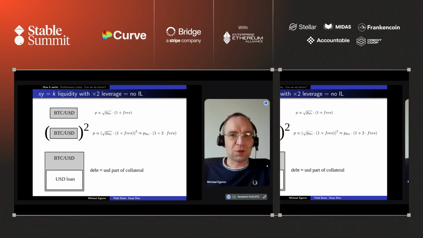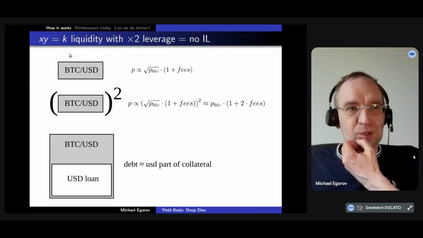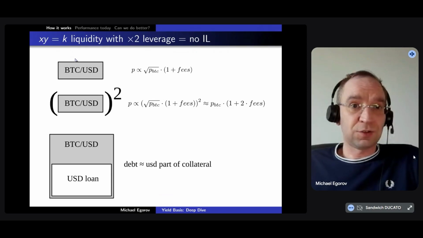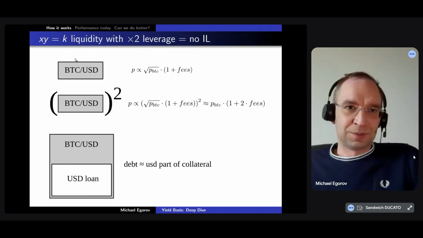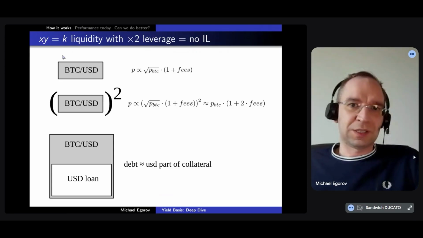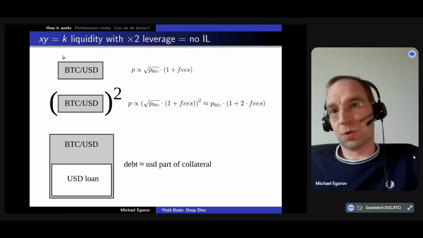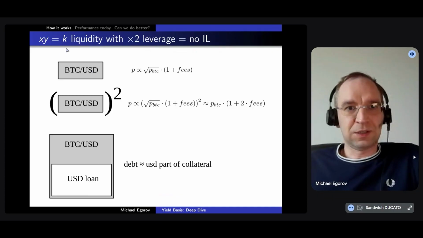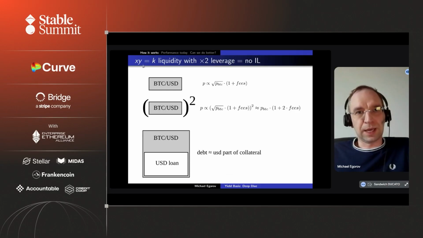AMM would be the constant product AMM, which was used in Uniswap 1 and 2, but later was kind of replaced with concentrated liquidity, and Curve always was about concentrated liquidity, but still constant product AMMs are the foundational.